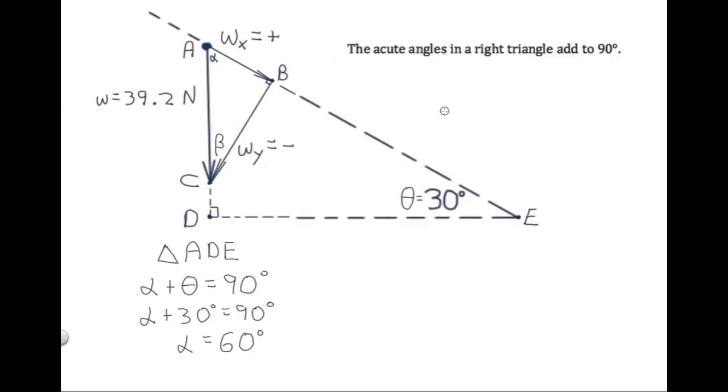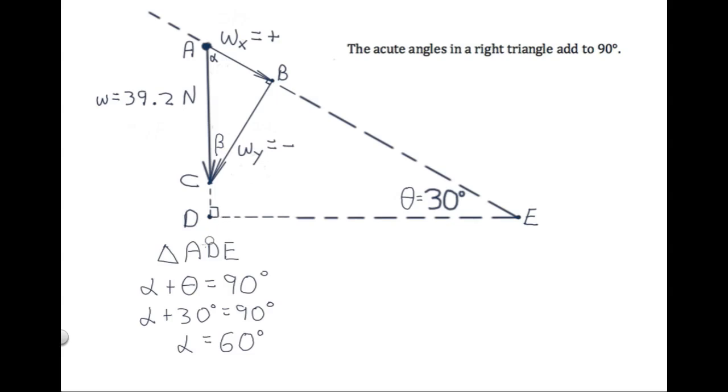Here is one way to do that. What I've done here is I've taken this vertical line for the weight vector and extended it downwards a little bit. And I took this horizontal dashed line and extended it leftwards a little bit so that we can form a large right triangle.